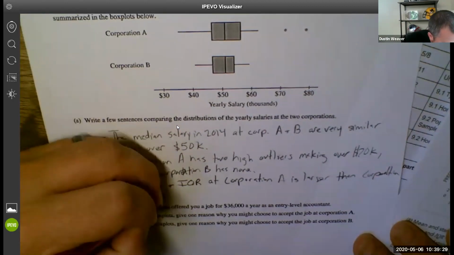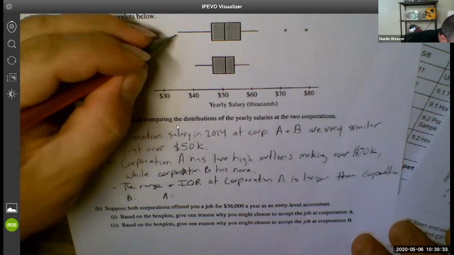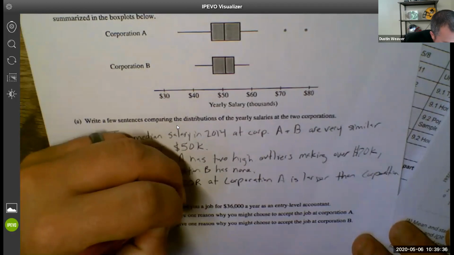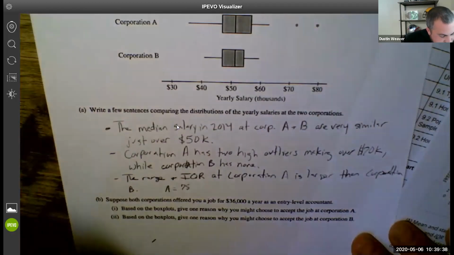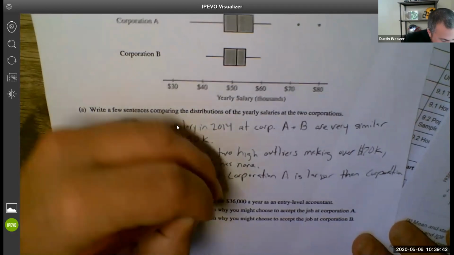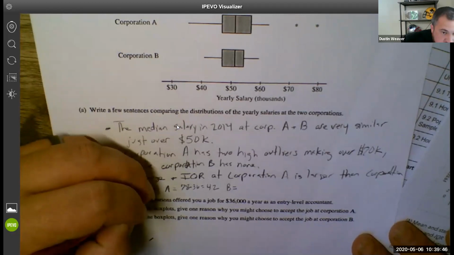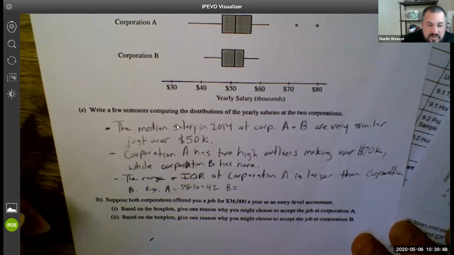The range in A would be about 78 minus 36, which is 42.